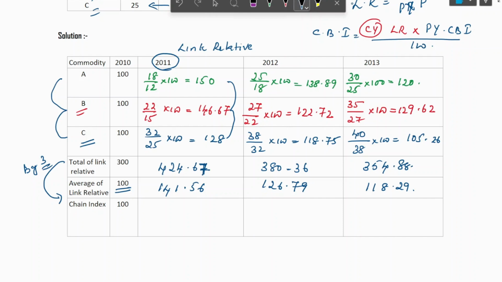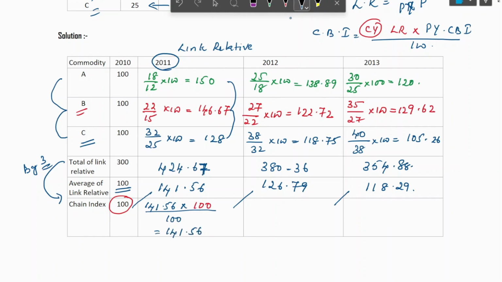Which way I showed you last time? You are going to multiply like this. Therefore here first, 141.56 into 100, whole divided by 100.